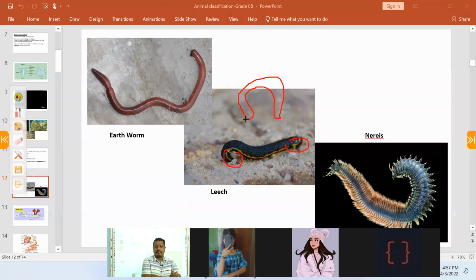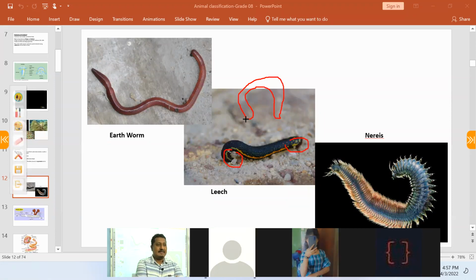The third example, what is it? Where does it live? What does it look like at a glance? It looks like a centipede, but it is not a centipede. Centipede is an arthropod.